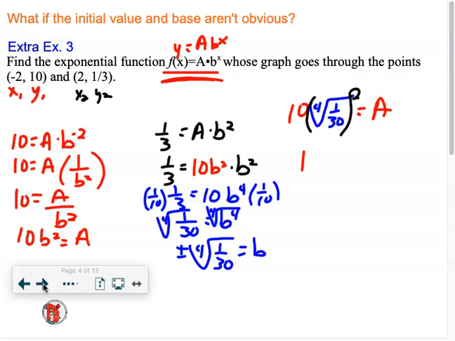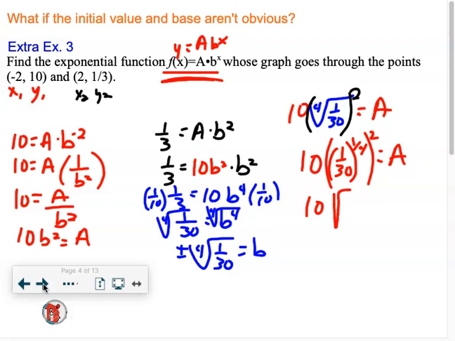So that'll be 10, and the 4th root is like 1/30 to the 1/4, and now I have to square that. So power to a power means we can just multiply. So 1/4 times 2, that'll be 2/4, which is 1/2, which is square root. So we get 10 times 1 over the square root of 30 equals a. Well, slap a 1 under there, top times top, bottom times bottom.